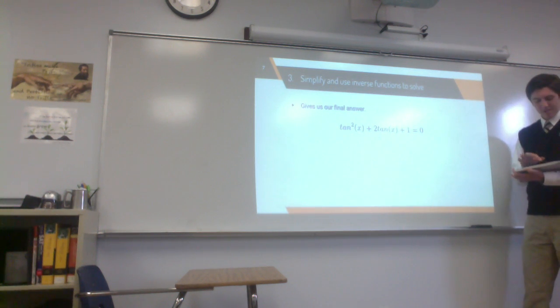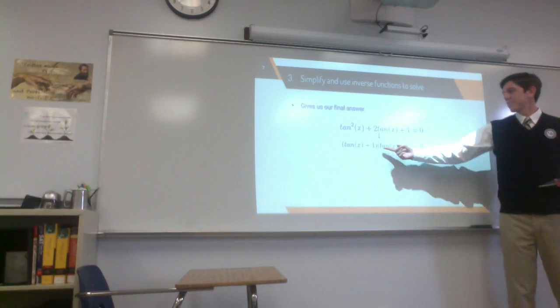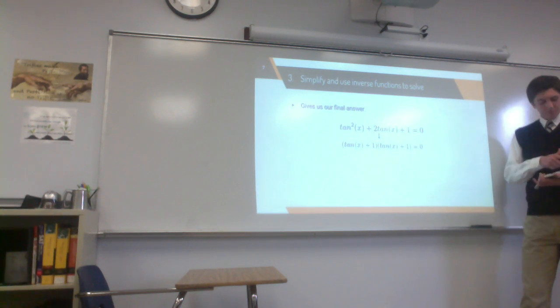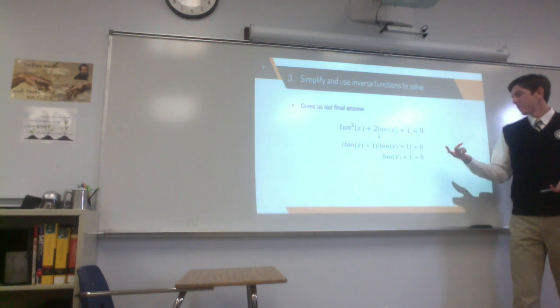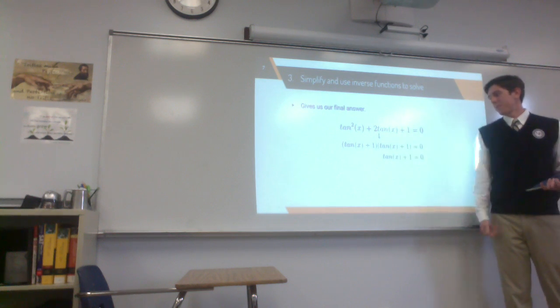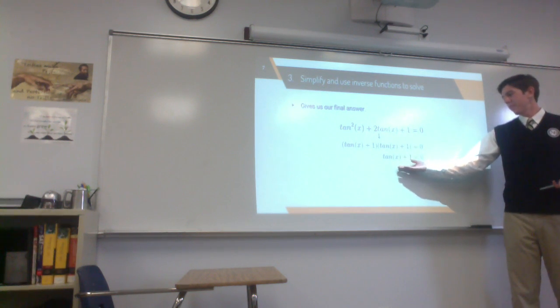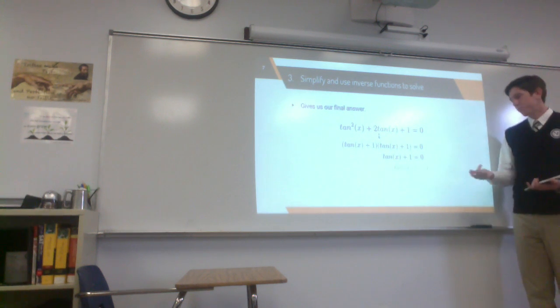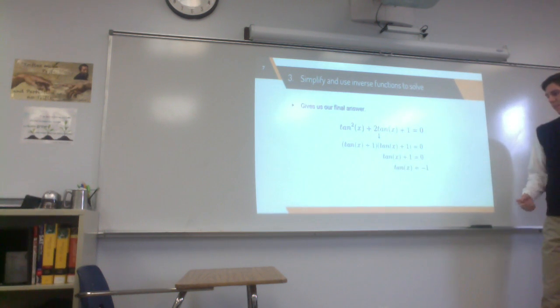So we bring that down. It's tangent plus 1 equals 0. So now that will allow us to solve. These are the same things, so we only need one of them. So tangent of x plus 1 is equal to 0. So now we just bring the 1 to the other side, and we're pretty much good.